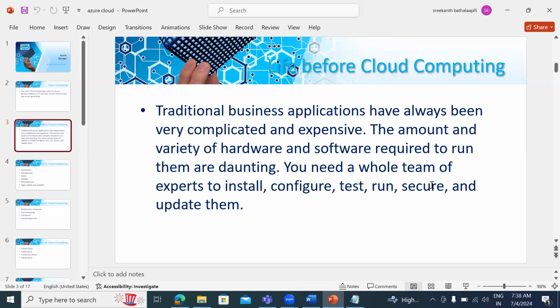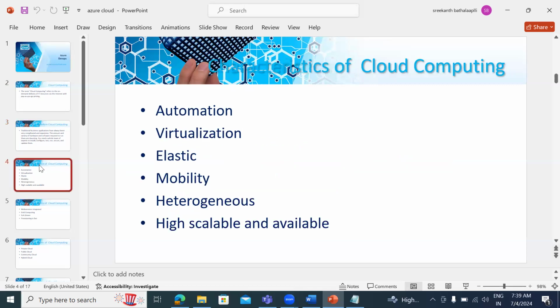But today with the cloud, it has automation, and the infrastructure cost, operation cost, and upfront initial investments have all been reduced by the cloud. So the characteristics of the cloud start with automation. The meaning of automation is that we provision the resources automatically.